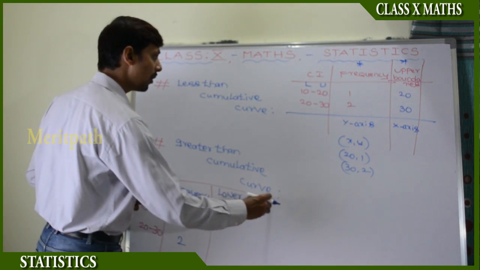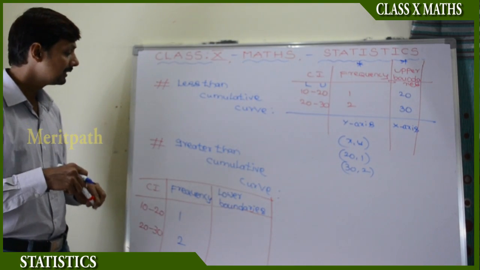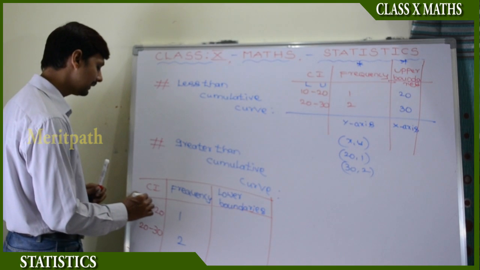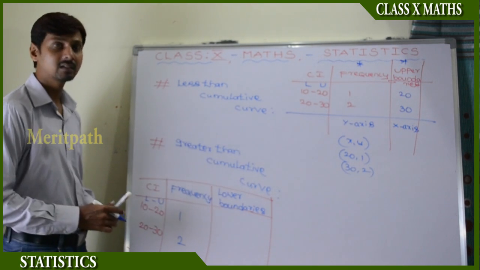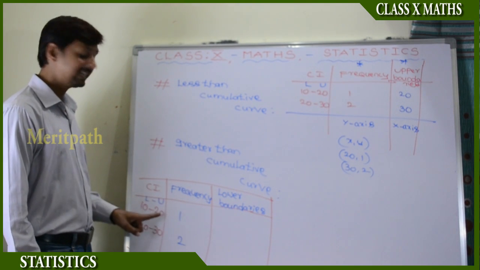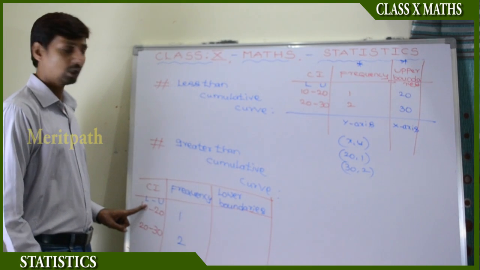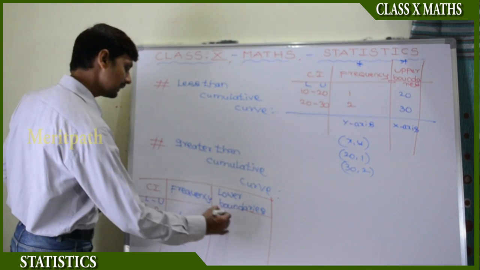Lower boundaries are, as we already discussed, the first element of the group, and the second element of the group is called the upper boundary. So here the lower boundaries are 10 and 20.